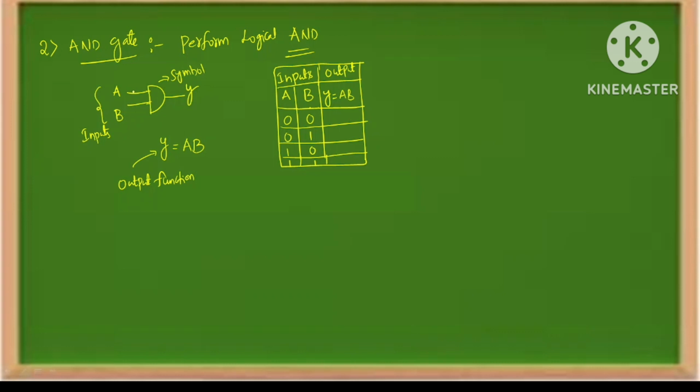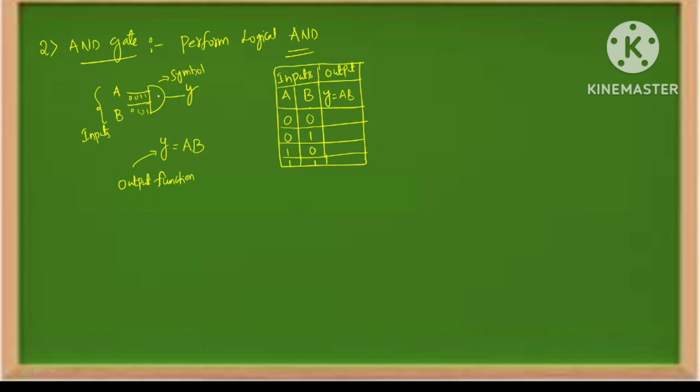At the input of the AND gate, we are applying 0 here and 0 here. 0 1 means I am applying 0 and 1. 1 0 means here I am applying 1 and here 0. 1 1 means at the A terminal we apply 1, and at the B terminal we apply 1.